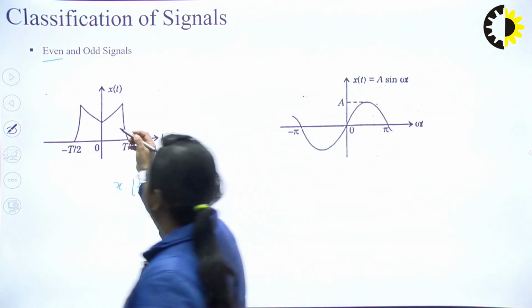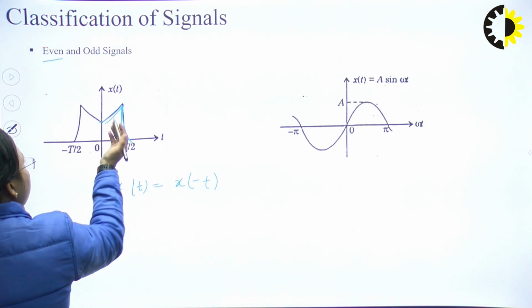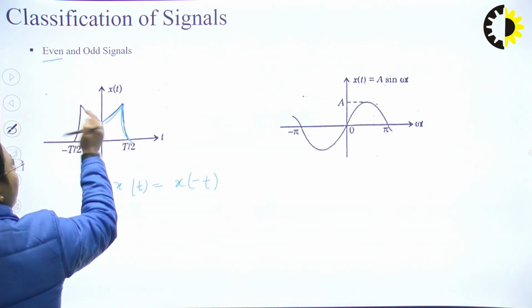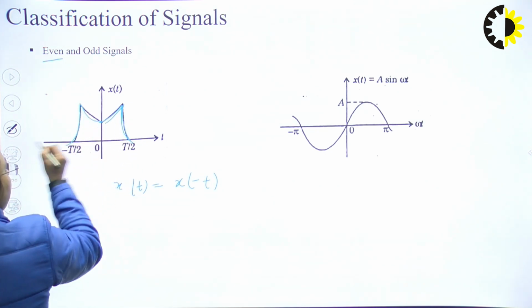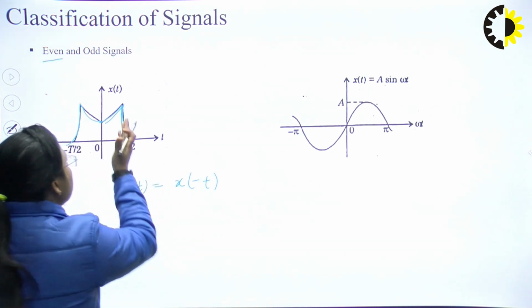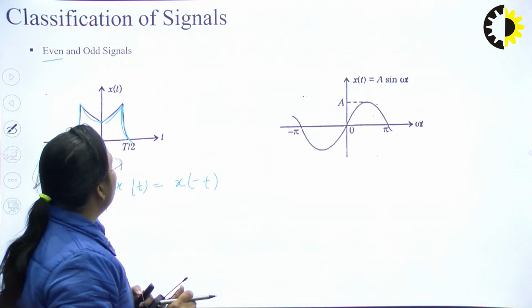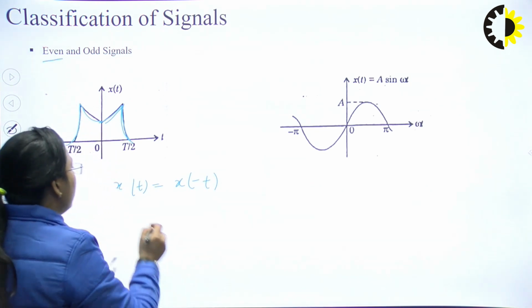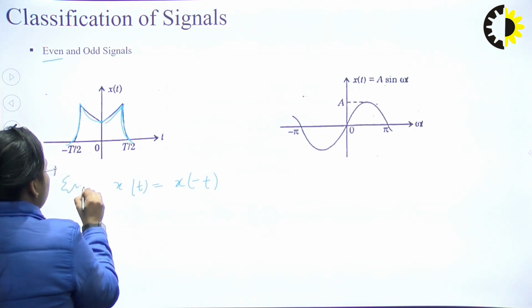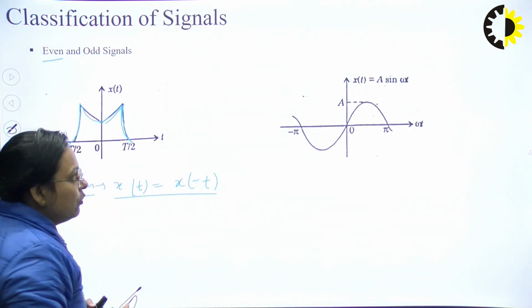That is, if this is the signal xt, then its time reverse counterpart will be the mirror image like this, right? Symmetrical. That is, these signals are symmetrical with respect to the vertical axis, right? So these are called the even signal. So even signal can be mathematically represented as xt is equals to x of minus t.